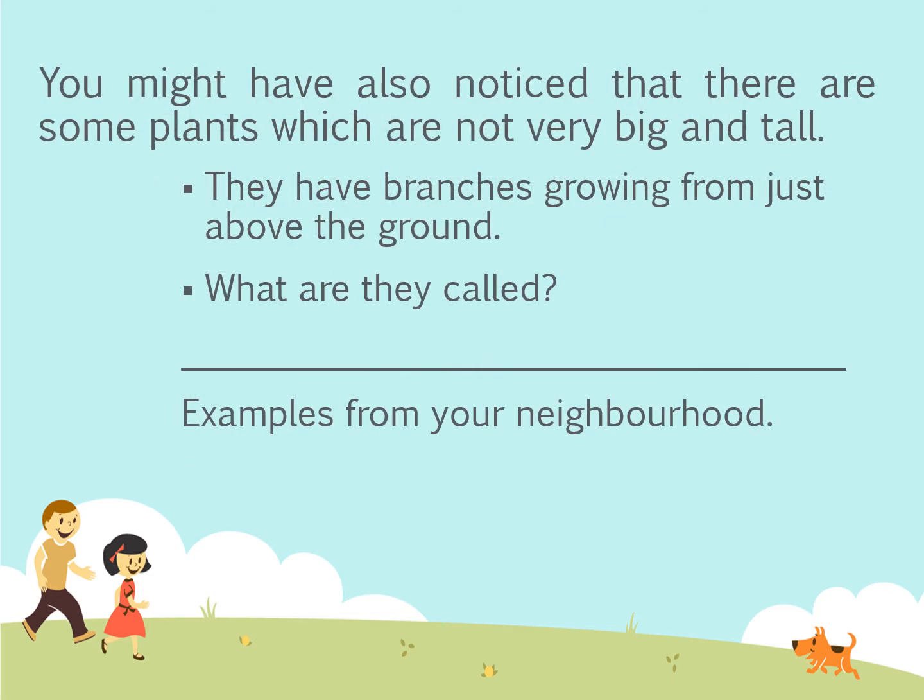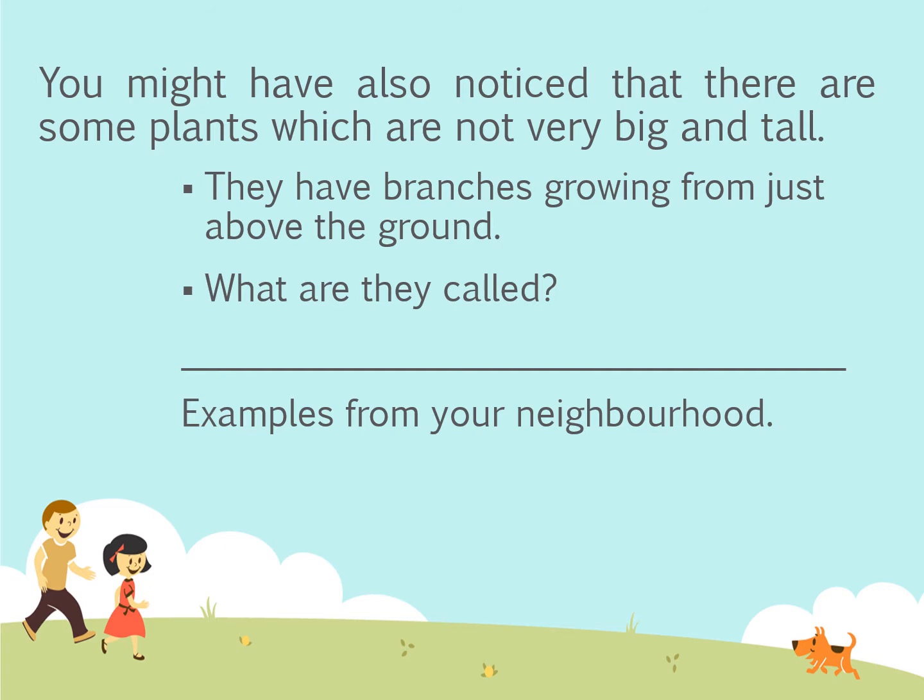Now, you might have also noticed that there are some plants which are not very big and tall. They have branches growing from just above the ground. What are they called? Yes, I'm sure you all know this. They are shrubs. And can you give examples from your neighborhood? Very easy.